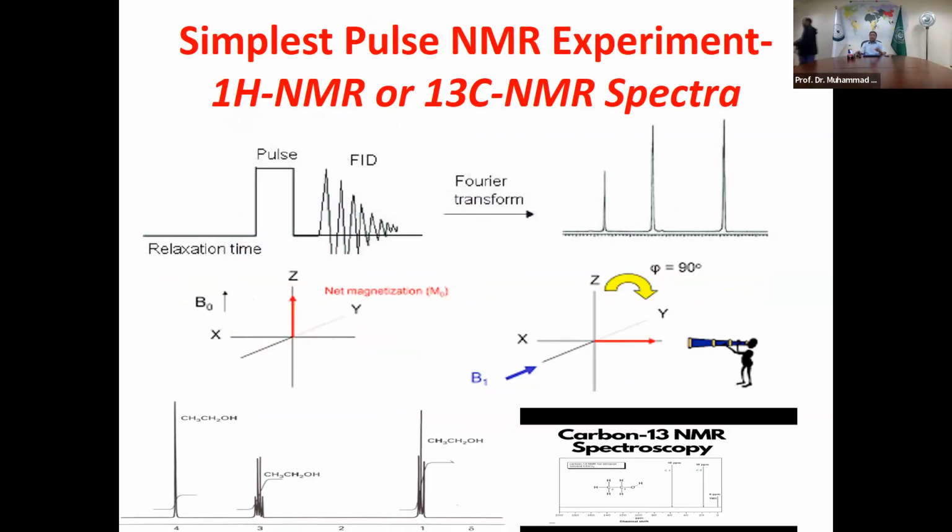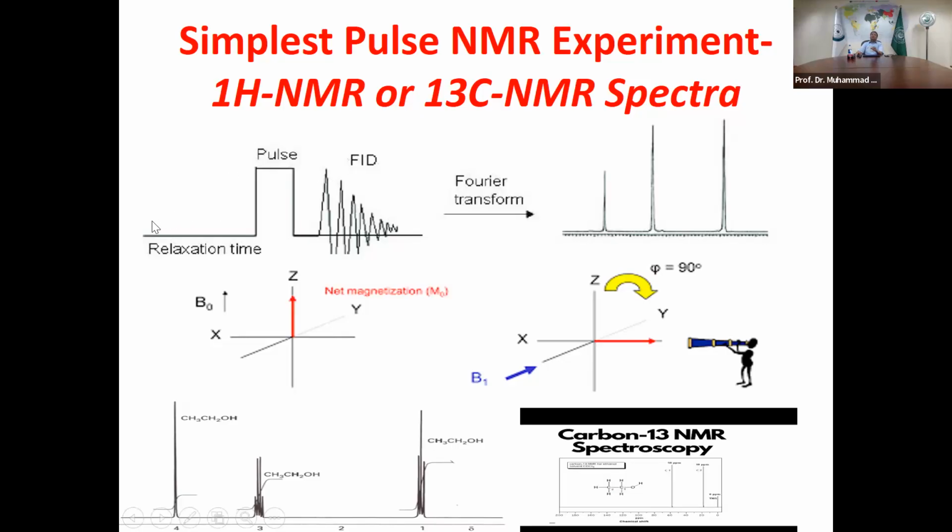On top of it, this one, can you see the arrow? Yes, sir. Okay. So in modern NMR spectroscopy, the pulse sequences are presented in diagrams like this.